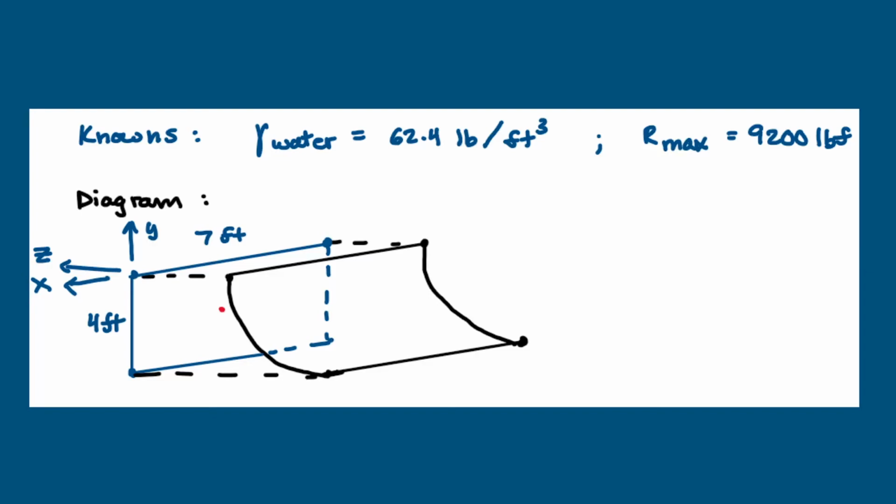Below these bits of information is a diagram that shows the projection of the quarter circle gate onto a vertical surface, which will be useful in determining the horizontal force of water, as well as the coordinate system that I will be using to solve this problem. Here are the coordinate systems, and here's the projection of this quarter circle gate onto a vertical plane.